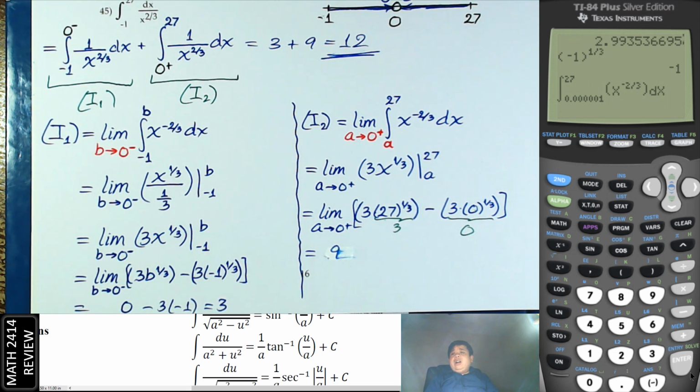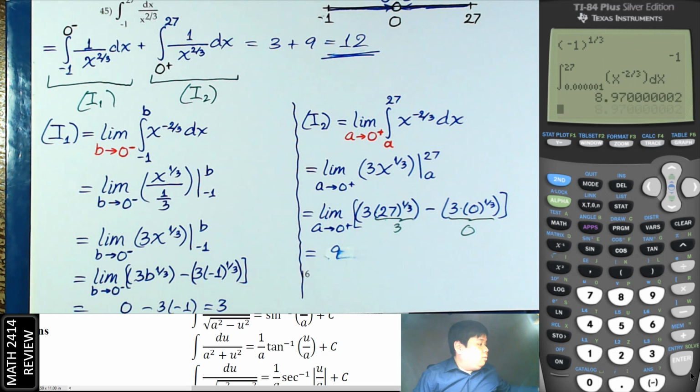Should get close to 9. Right, close enough to 9. So add them up, 3 and 9, it's going to be 12.